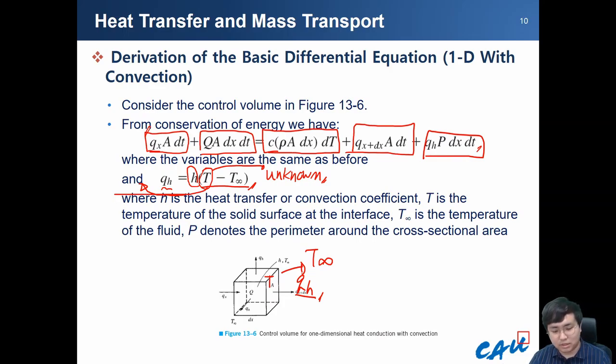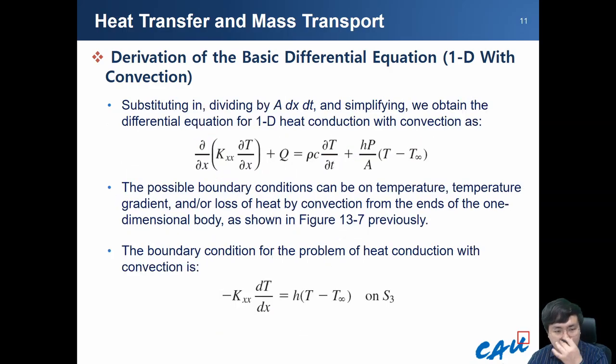However, I think you already handled this problem last year, so I do not think it is a big problem. Let's divide by the volume and time terms, so that we obtain the one-dimensional heat conduction with convection problem. This is the conduction of heat in the one-dimensional solid structure.